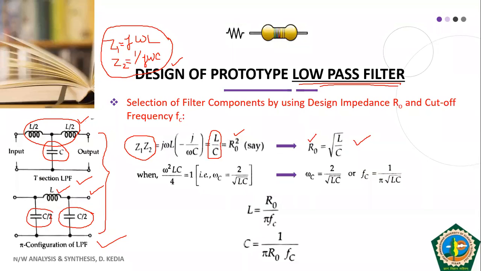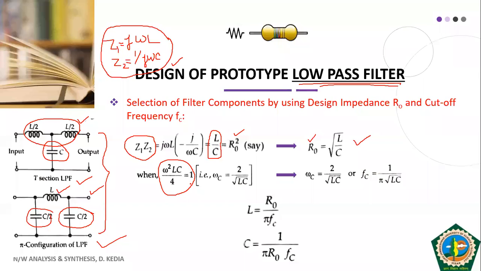Next, this is what we had seen in the previous class, that cutoff will take place when omega square LC by 4 equals 1. I have not gone into the derivation of this expression in today's class, but its derivation has been completely covered in the previous class. If you are not able to recall, I advise that you go through the video again and find out.